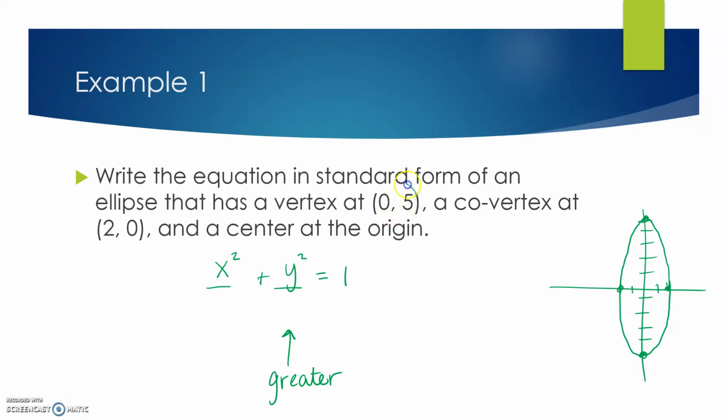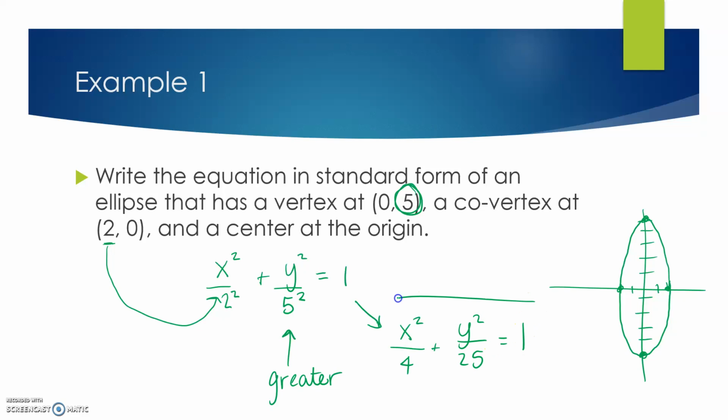I've got a 5 here, so I'm going to put 5 squared, because it always has to be squared. And this is my lesser value, and this is going to go here under the x, so I'm going to get 2 squared. So rewriting this, finally, I would get x squared over 4 plus y squared over 25, and it's always equal to 1, and that would be my final answer.